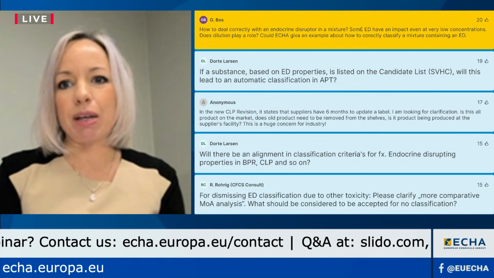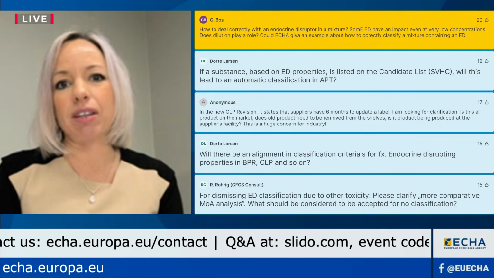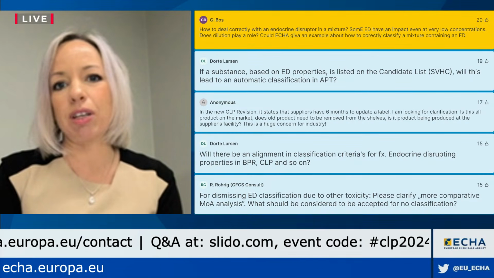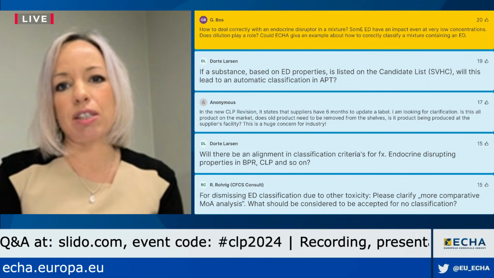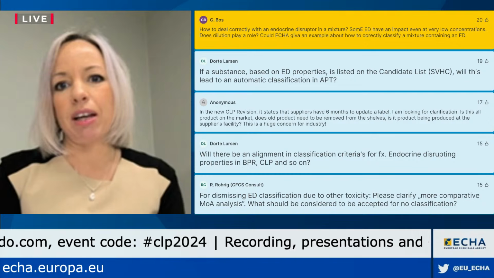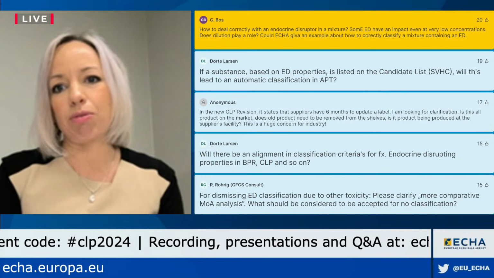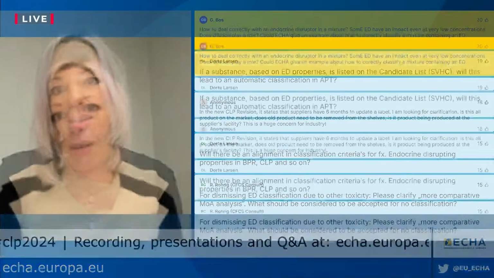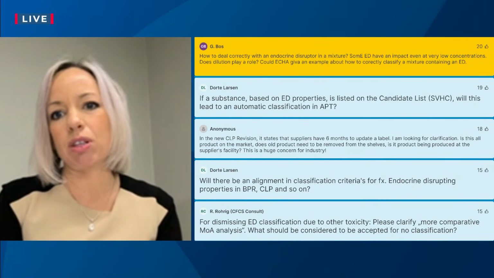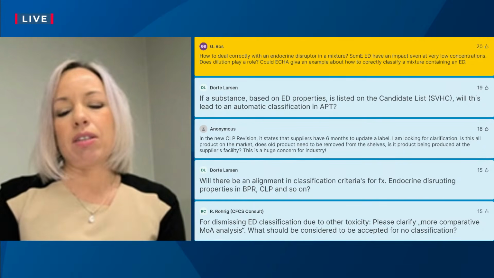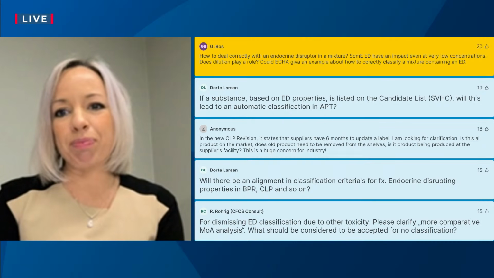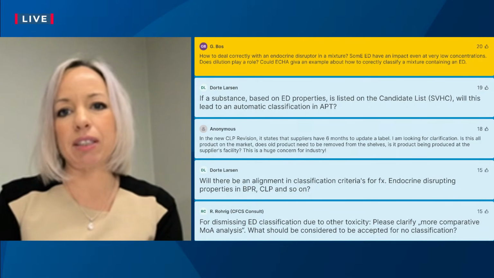So, for example, if you have a mixture containing an ingredient that is classified for ED human health 1, and the dose causing the ED effects suggests a high potency for this component, then it deviates from this generic concentration limit, and the substance in the mixture may have a specific concentration limit that can be very low, like 0.01 or 0.001, even lower. And then the mixture needs to be classified if this component's concentration is above this limit.